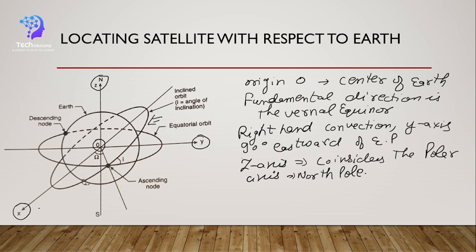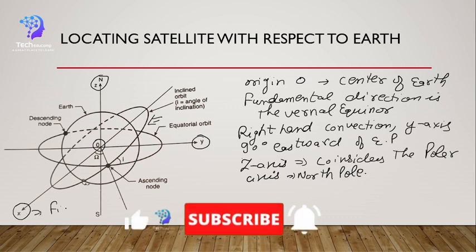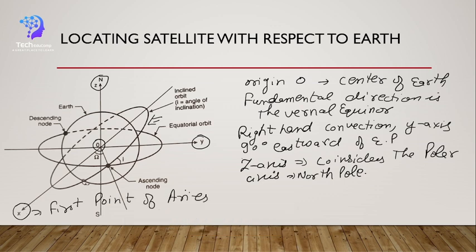So this x axis, or the fundamental direction, or the vernal equinox, is known as the first point of Aries.